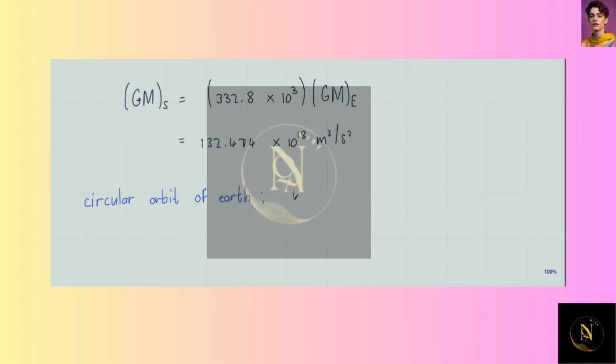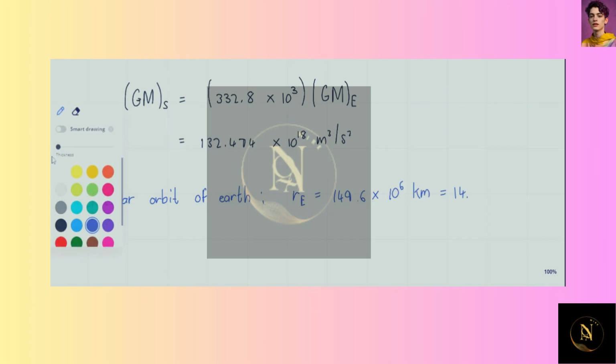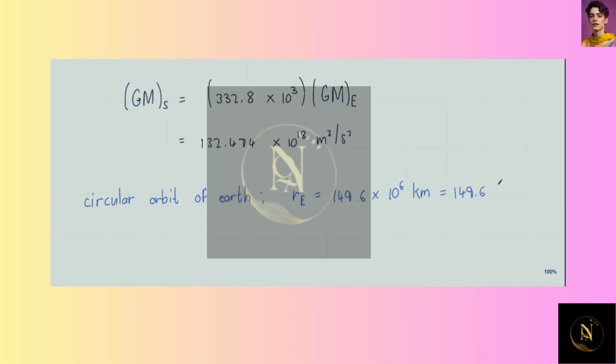So the orbit of the Earth from the center of the Sun is at 149.6 times 10 to the 6 kilometers, which is 149.6 times 10 to the 9 meters.